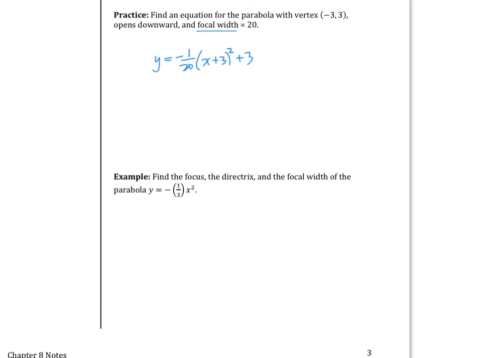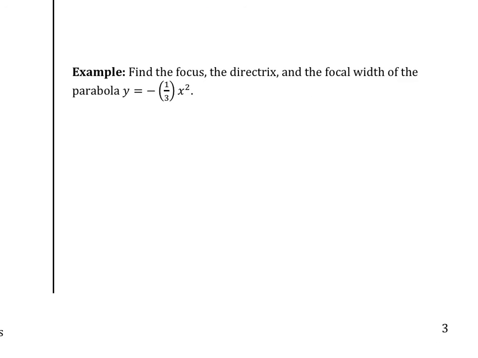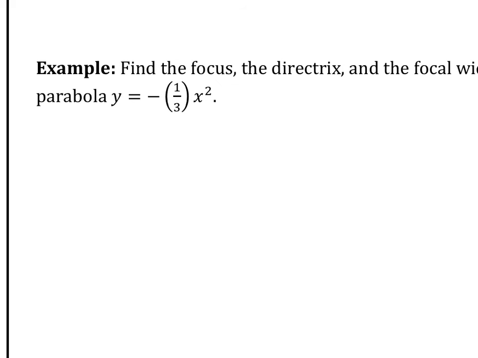Did I miss one? Oh, yes. Okay, so find the focus, the directrix, and the focal width of the parabola. Okay, so what you want to do is same thing as before, h, k and p. Okay, where is h, k? (0, 0). All right, p is going to depend on a, which in this case is -1/3.